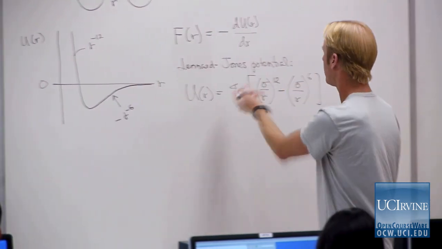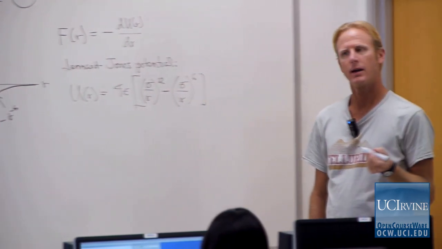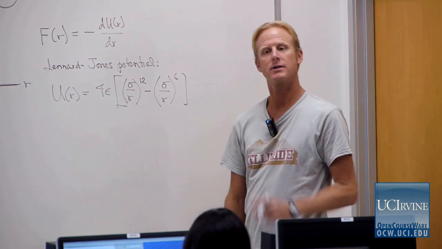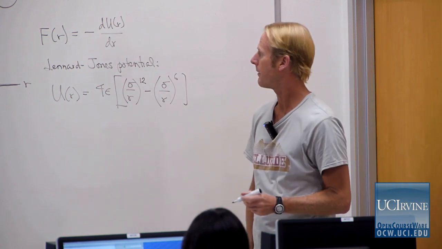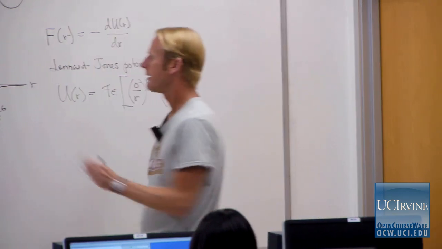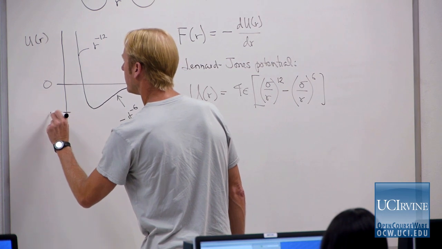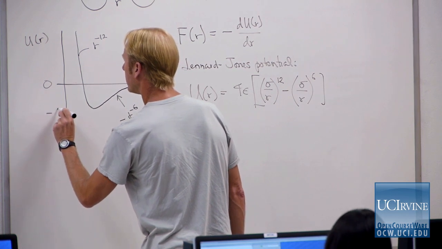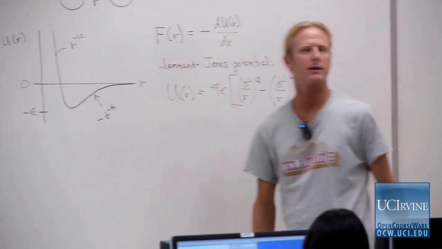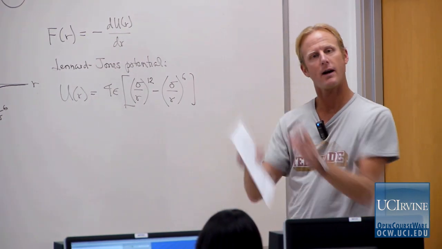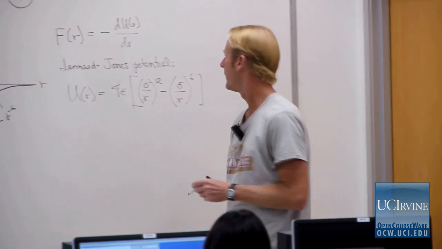And what do these parameters mean? Well, if you take the derivative of this and set it equal to 0, you find out that the value of the energy at the minimum is equal to minus epsilon. So that's what epsilon is. It's the depth of the well when the atoms are sort of at their optimal contact.